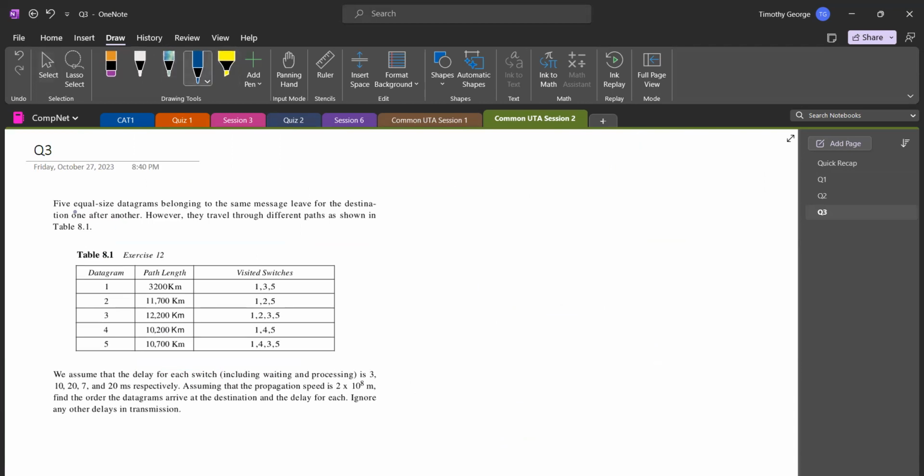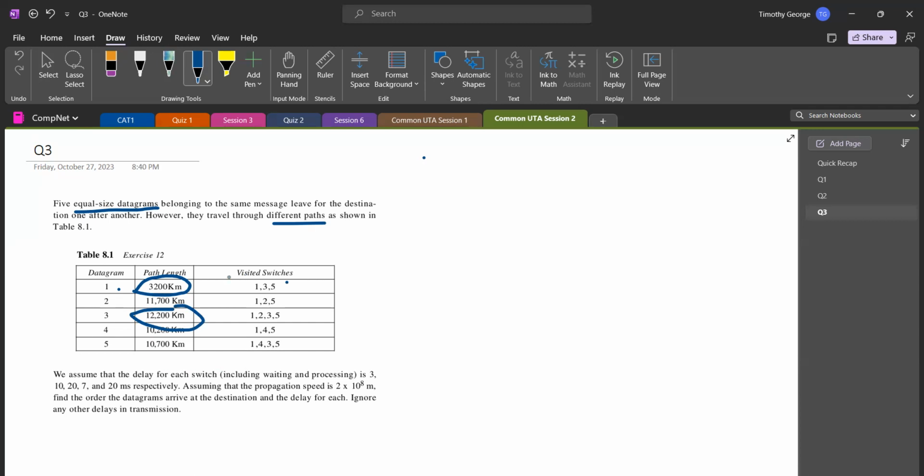Let's just read this question. 5 equal sized datagrams belonging to the same message leave for the destination one after the other. So you have 5 packets that need to go to some place. However, they travel through different paths as shown in this table. You have the first packet, second, third, fourth, fifth, and how long that path is. Some are like 3,000 and some go all the way to 12,000.